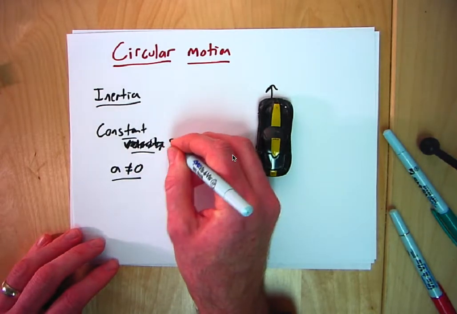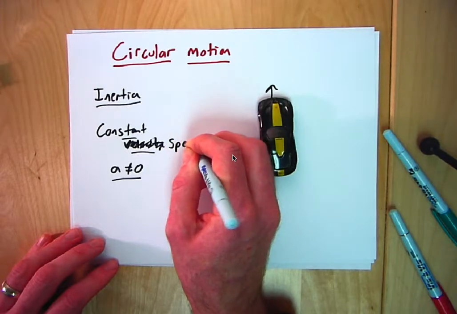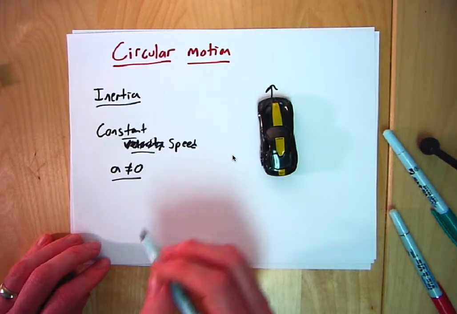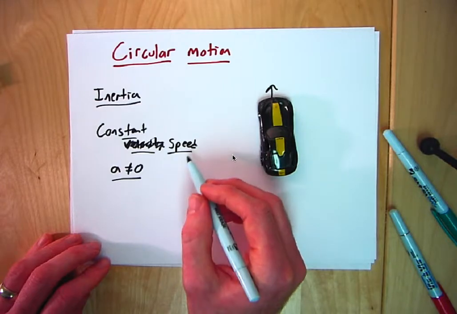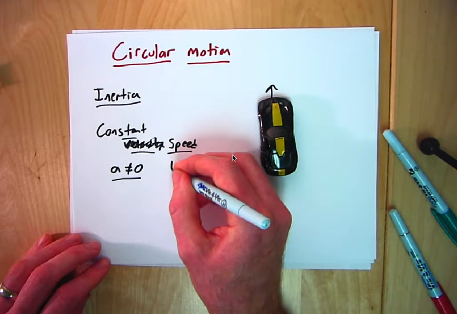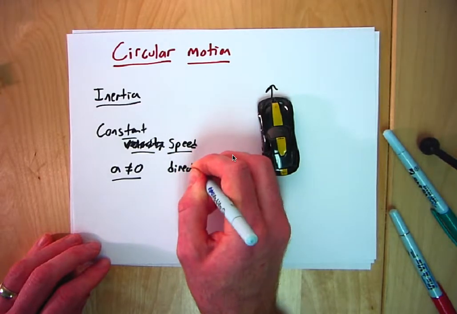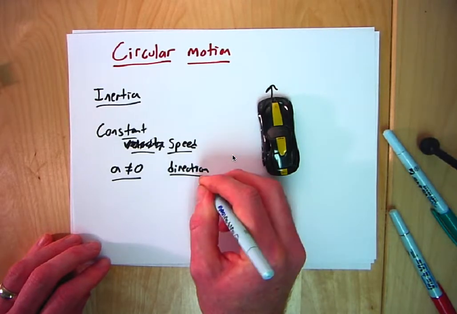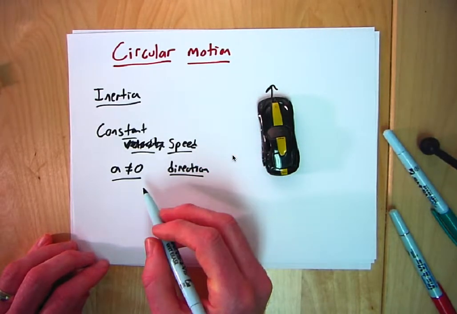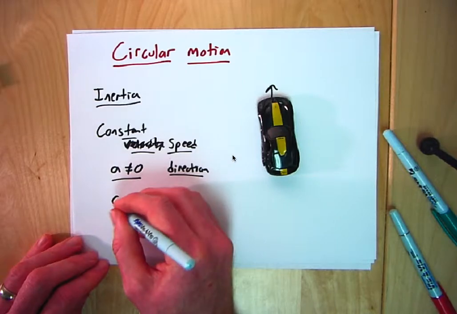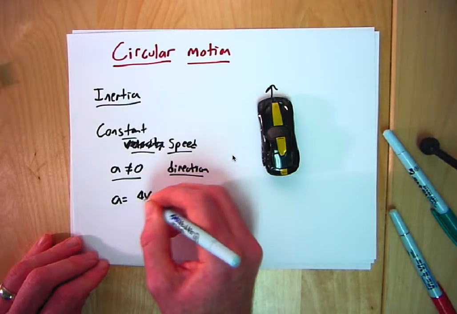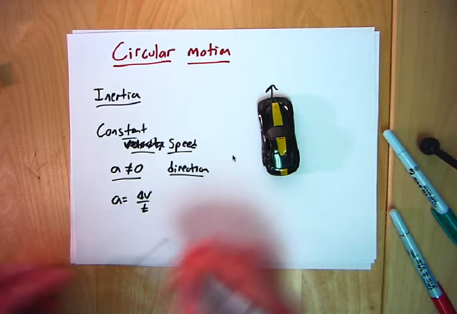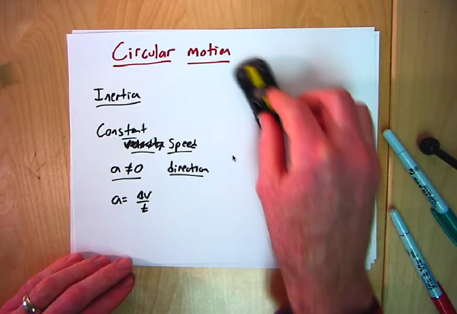Remember, the difference between speed and velocity is velocity has a direction. So if the direction is changing, then you can still have acceleration. Remember, acceleration is change in velocity over time. So it's really important: if your direction is changing, then you're accelerating.